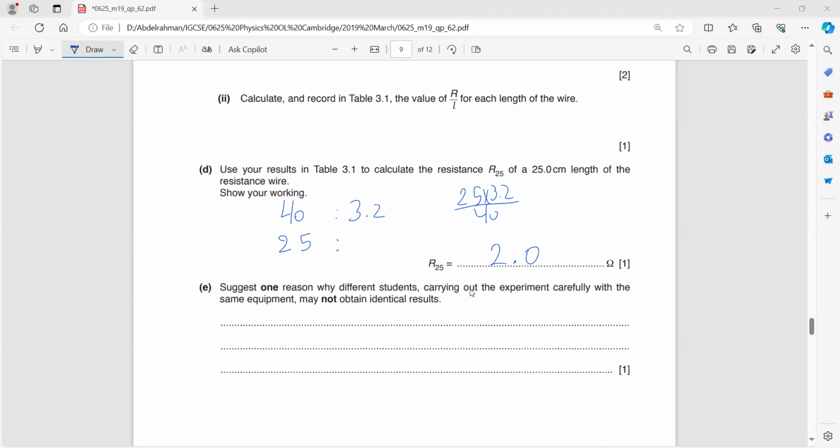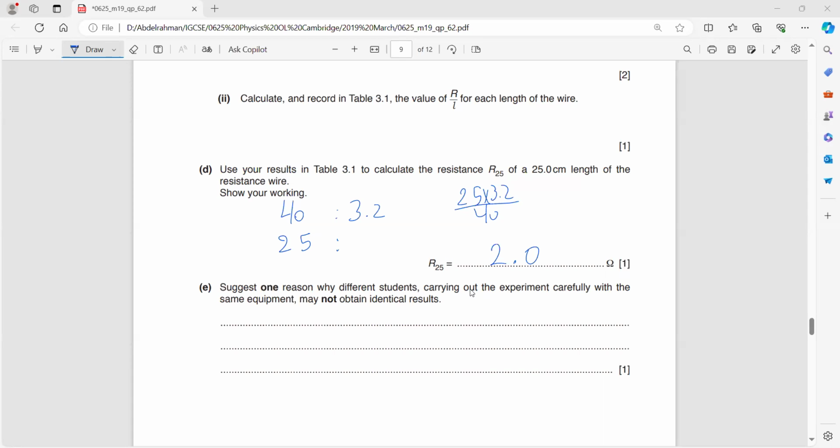Some of them, for example, might not use the same length. Some of them might have not taken the readings quite accurately.